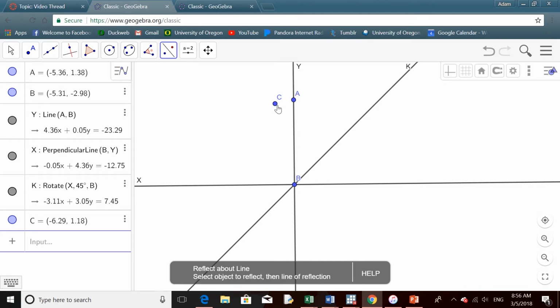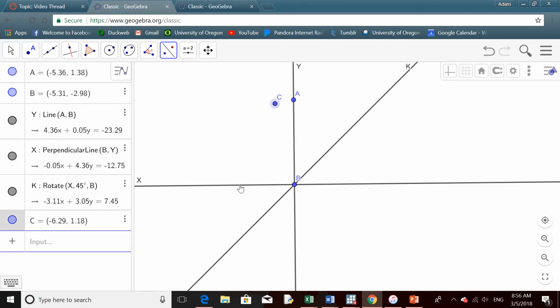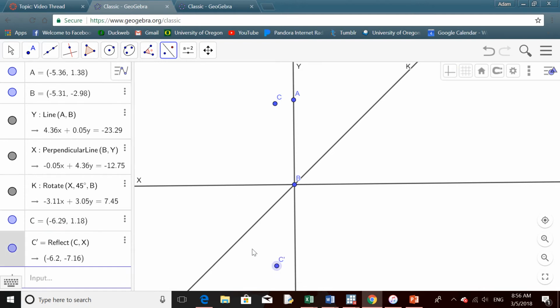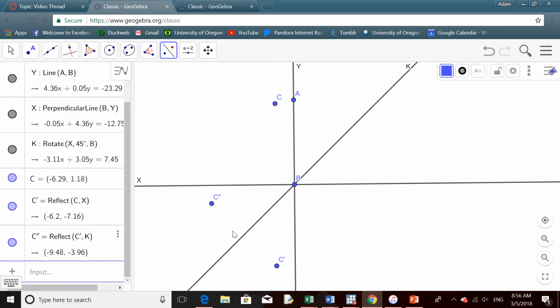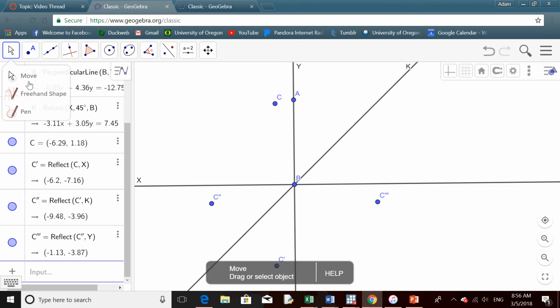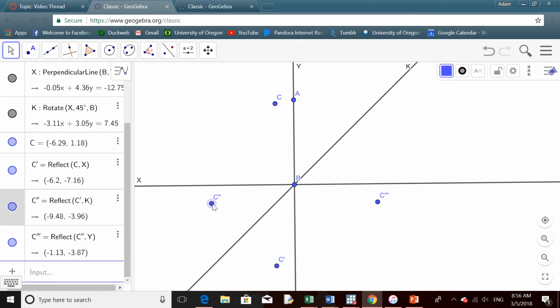Go ahead and use our reflection tool. We reflect C about x, C prime about k, and C double prime about y. Now we can also go ahead and hide these 2 points just so they don't cause us any confusion.